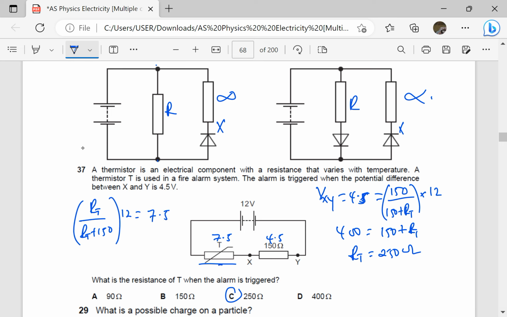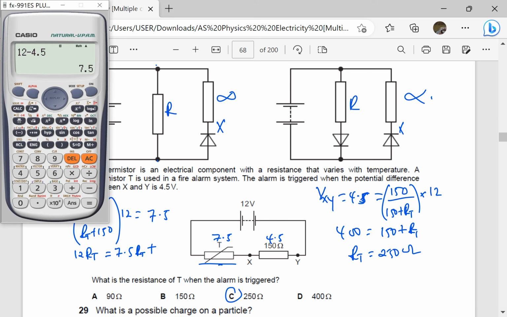That is the potential divider formula. Still, here you just cross multiply, you get 12 RT is equal to 7.5 RT plus 150 times 7.5.